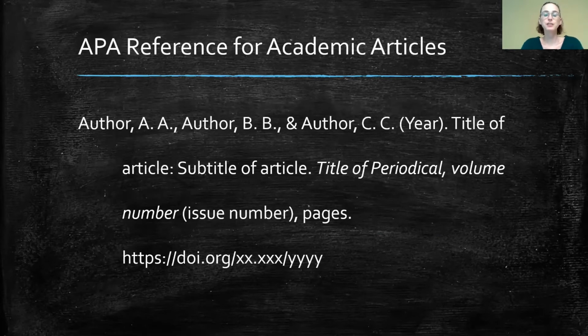So the first thing you notice just by looking at it is that it is similar to a general reference in that we still have this hanging indent, so that the author's last name, the first author's last name, is always going to be on the far left-hand side, and everything else is going to be scooched in half an inch, right? And one thing to note is that if you have multiple authors, they are always going to be listed on your article in a specific order.